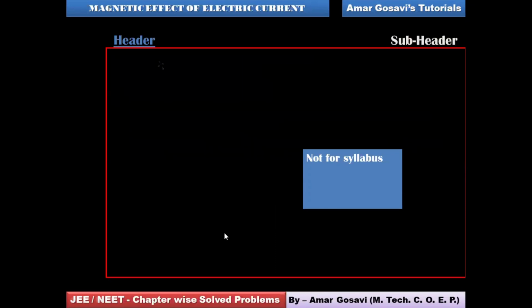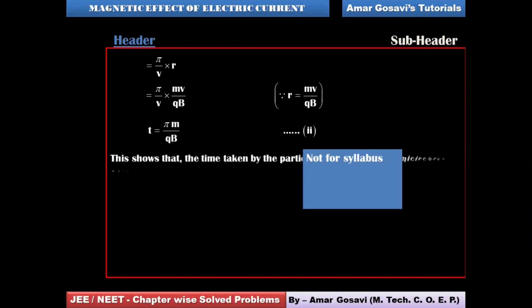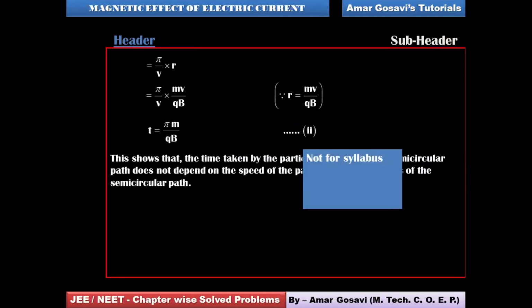So finally, the equation for the time period is pi m by qB. That means it will depend on mass, charge, and magnetic induction. So the time taken does not depend on the speed, as is made clear from this equation. Please make a note of this.